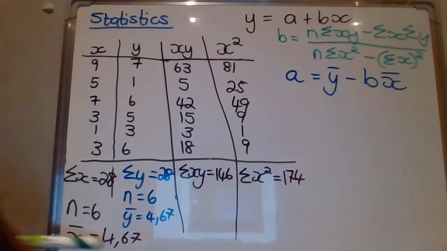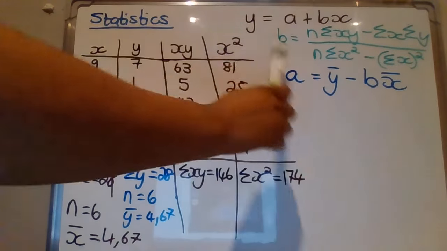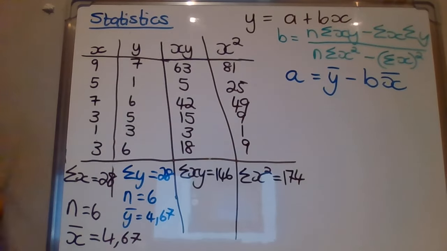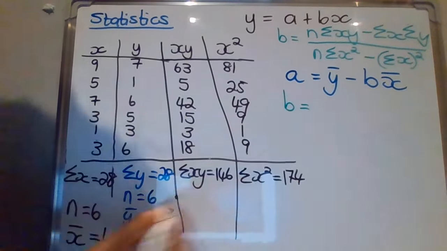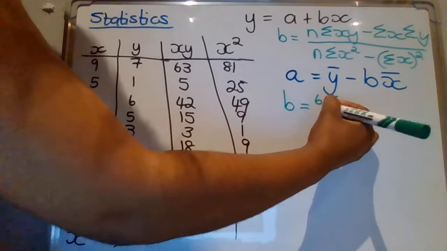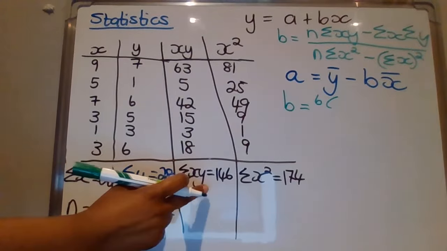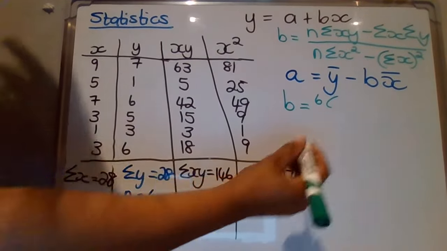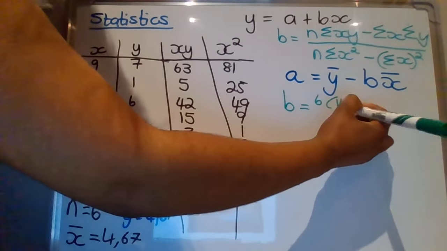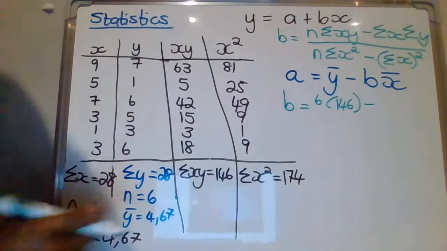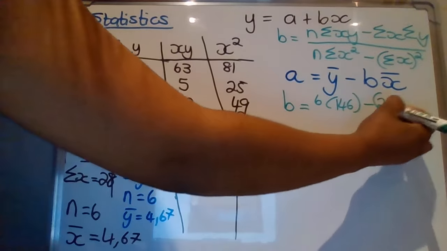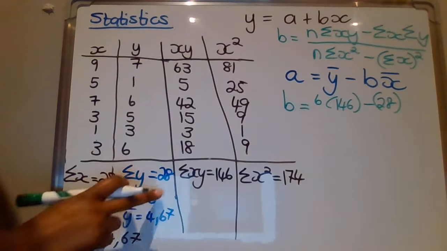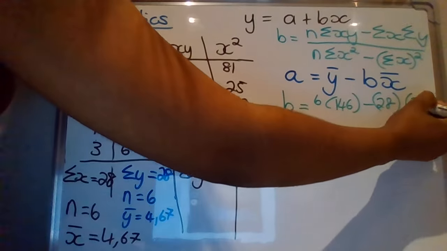So now that I have all my values, I just need to substitute them back into my formula. So now let's continue finding B. B is going to be 6 times this value here, the sum of my xy's, which is 146, minus the sum of x, which is 28, multiplied by the sum of my y's, which is also 28.